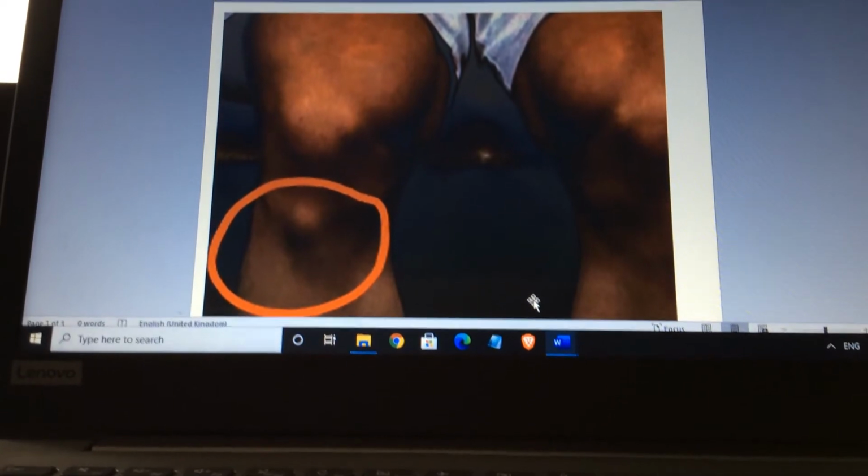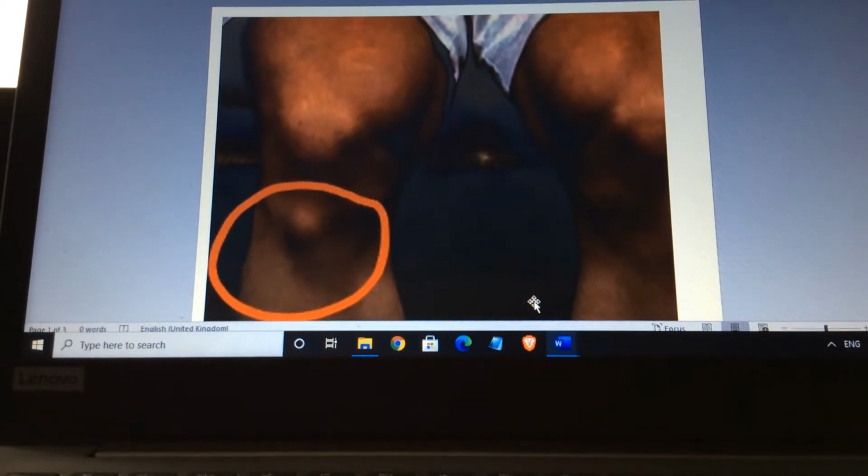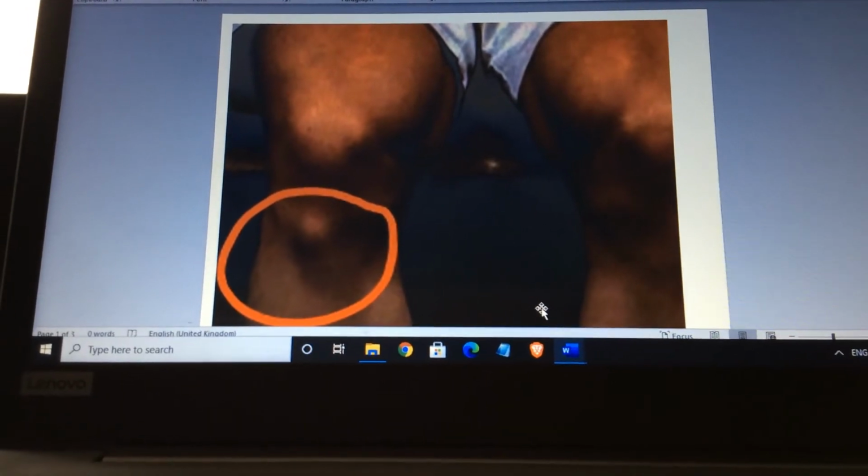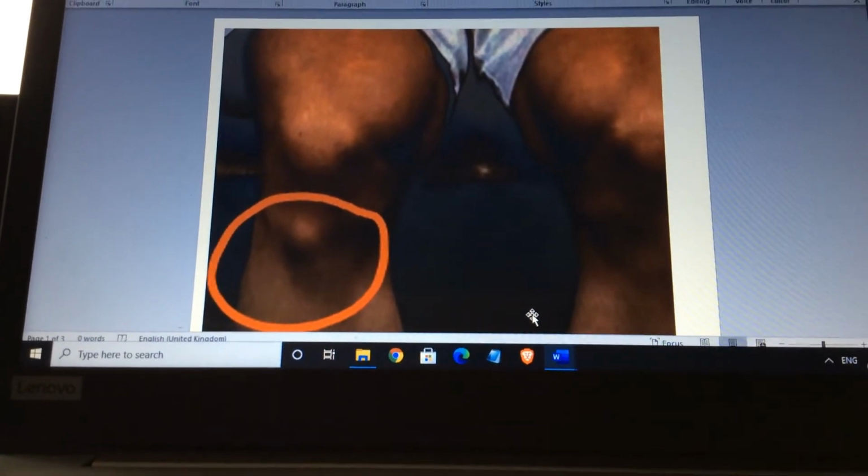As I've said, this bony lump occurs due to inflammation of the growth plate at the upper end of the shin bone.